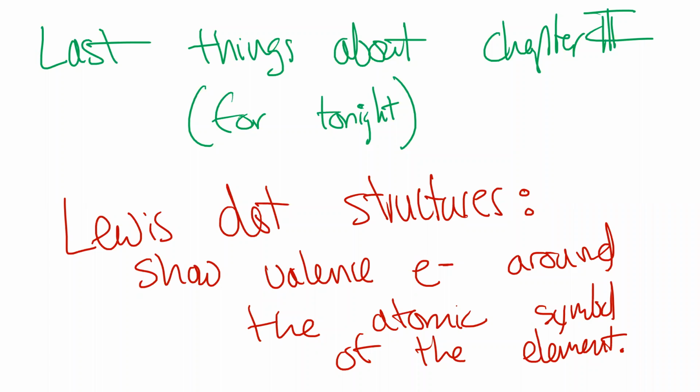Now, Lewis dot structures show the valence electrons surrounding the atomic symbol of the element. Hydrogen has 1 valence electron, so we put 1 electron. Carbon has 4 valence electrons, so you put 1, 2, 3, 4. You start by putting an electron on each side, and then you start doubling up.